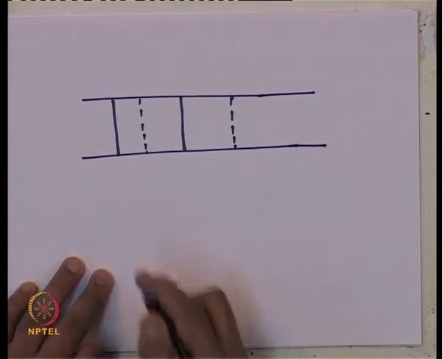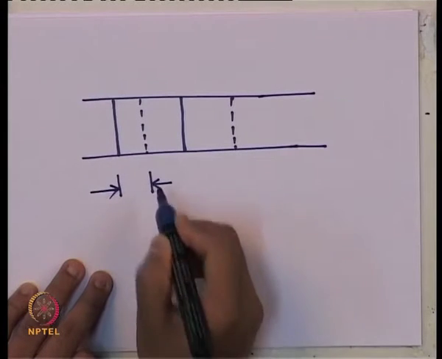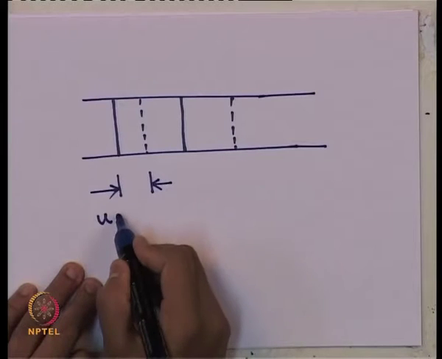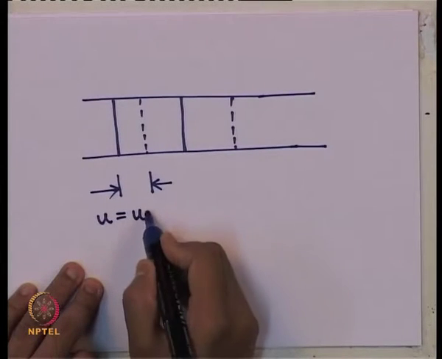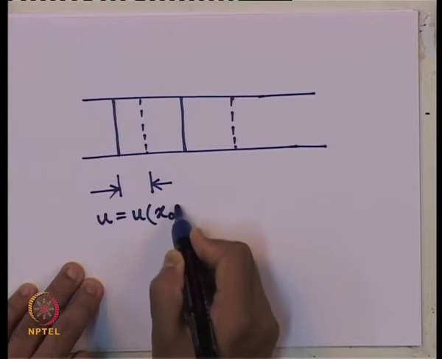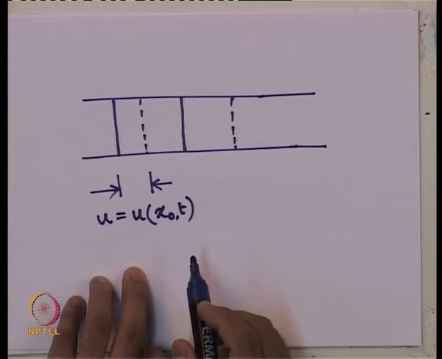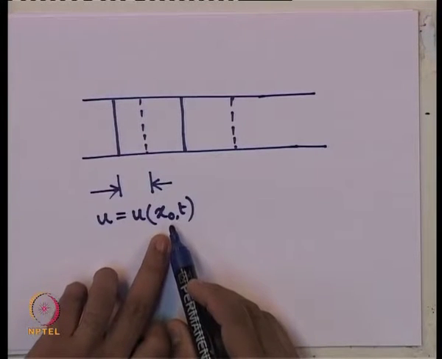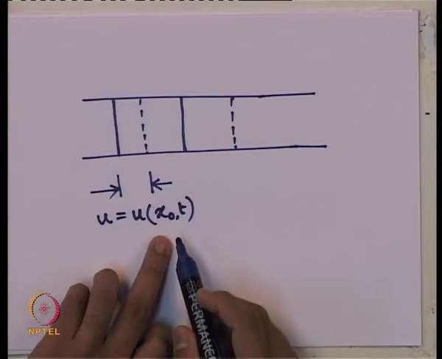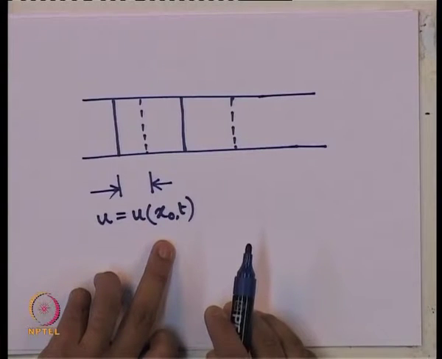The displacement, this is the displacement u in this direction, is given as a function u of x naught and t. So, it is a function of x naught and t, which depends on the initial velocity, initial displacement. It is a function of initial displacement and time. With respect to time, the displacement keeps on changing. Clear?